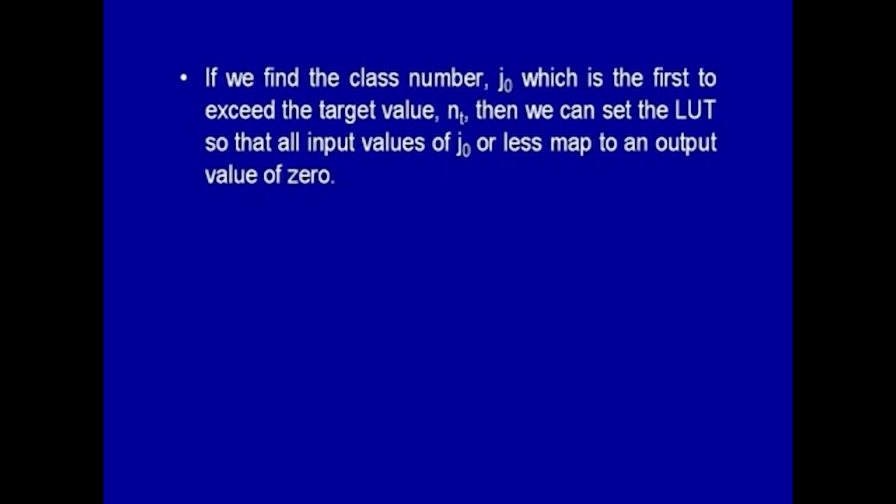We find the class number j0, which is the first to exceed the target value NT, and we set the LUT so that all input values of j0 or less map to an output value of 0.